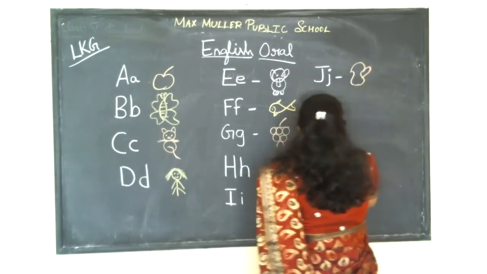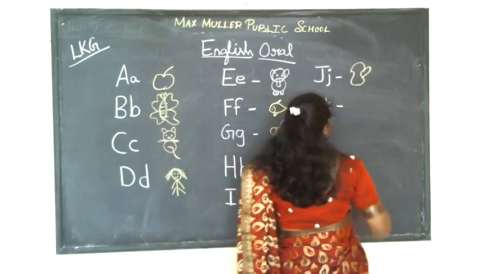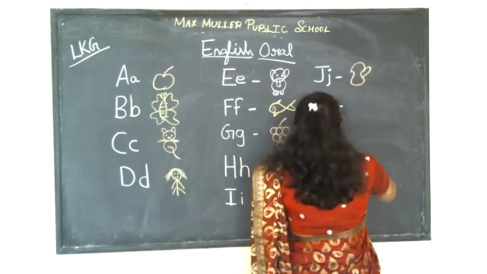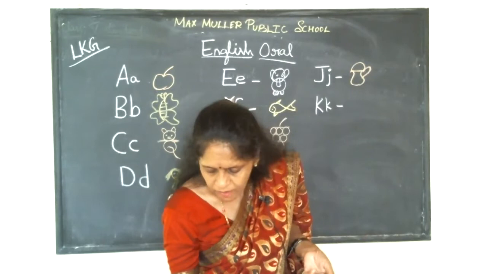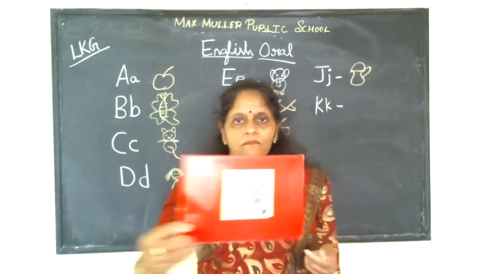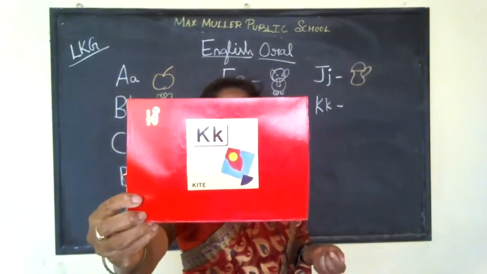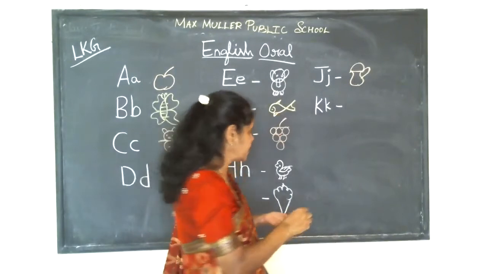Next. Capital K, small k. K for what children? K for kite. K for kite. Capital K, small k.